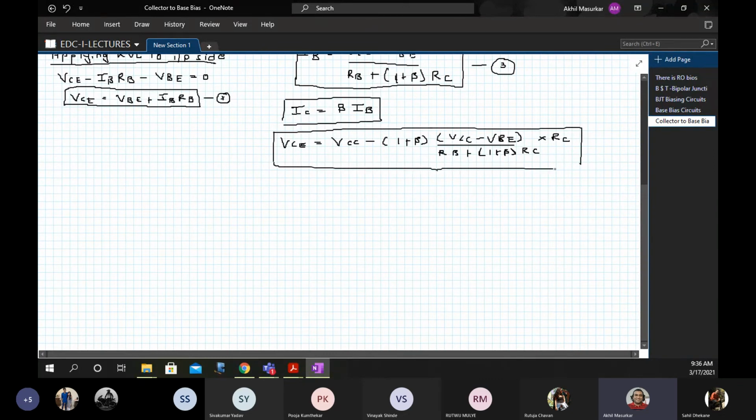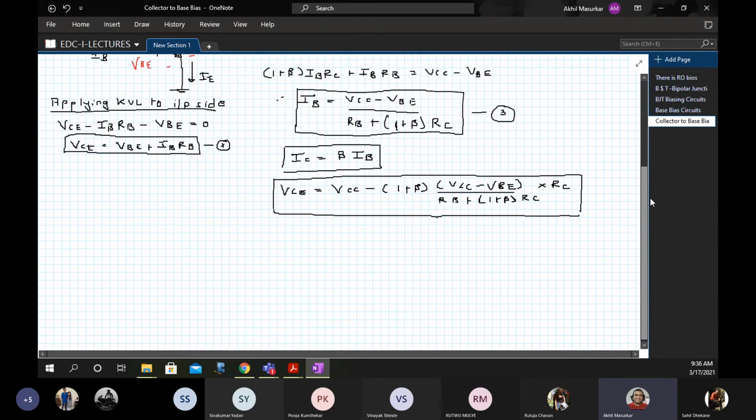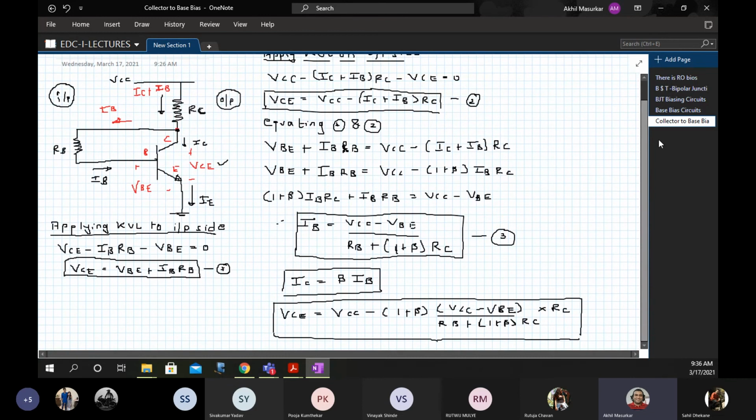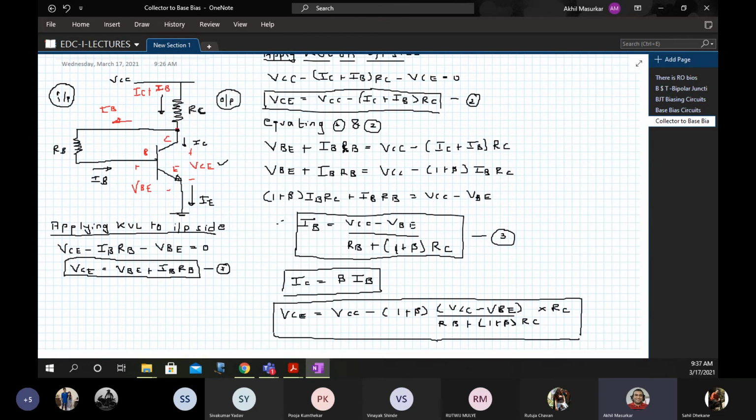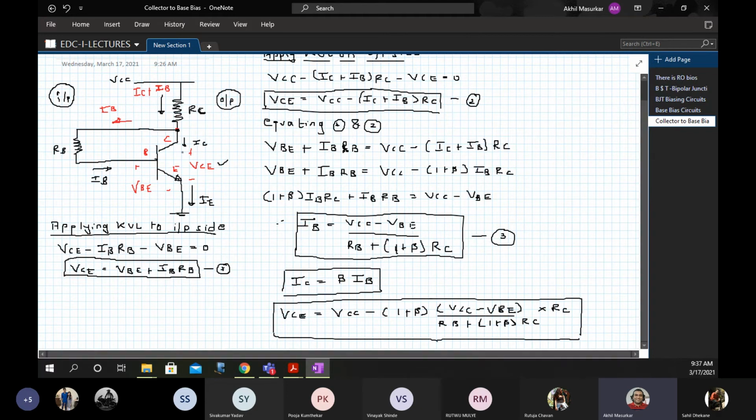Now one point to be noted here: in these equations you can note that if IC increases above the design level, there is an increased voltage drop across RC. So if IC tries to increase because of some reasons, then the voltage drop across RC is going to increase.